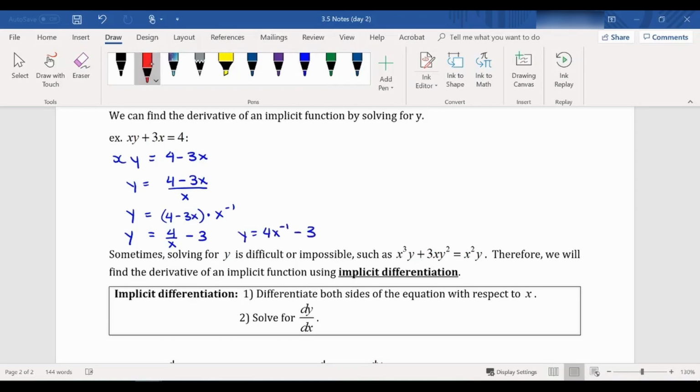So there are a bunch of ways I can write this, so that my y is isolated.